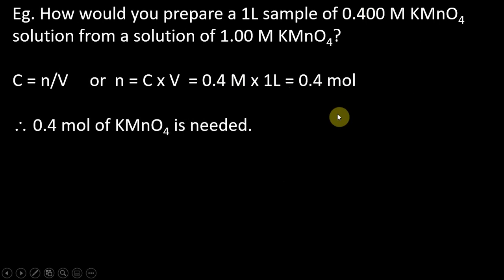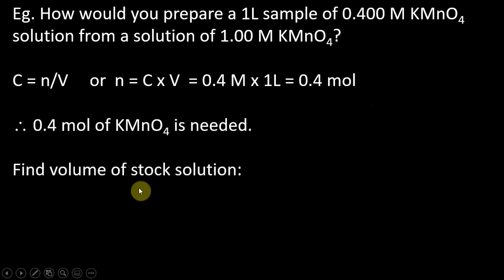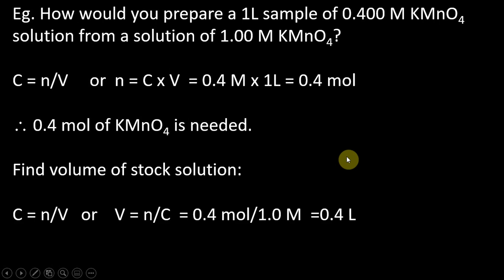And that's how much we need to put into the other solution. Okay. So the volume of the stock solution is going to be volume equals number of moles divided by the concentration. So the 0.4 divided by the 1 molar is 0.4 liters. So 400 milliliters is what we're going to need of that solution.